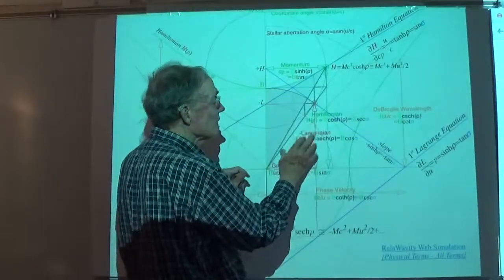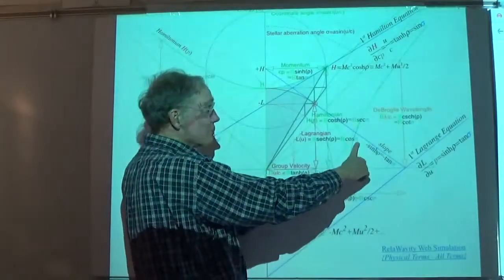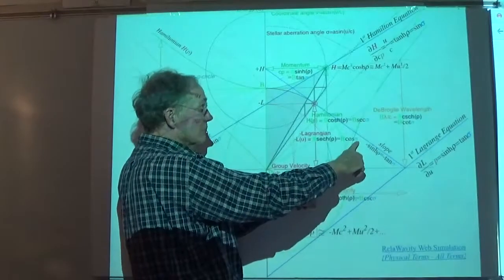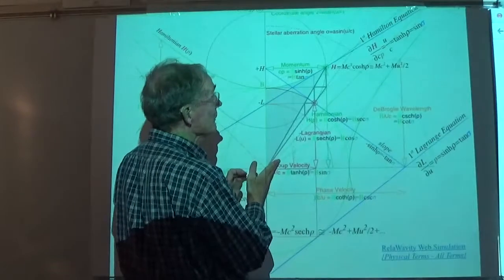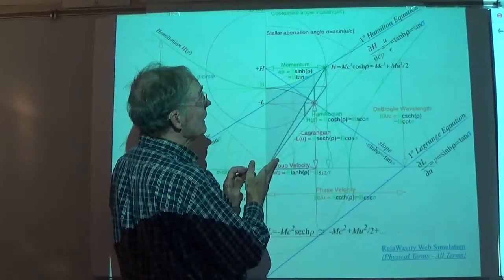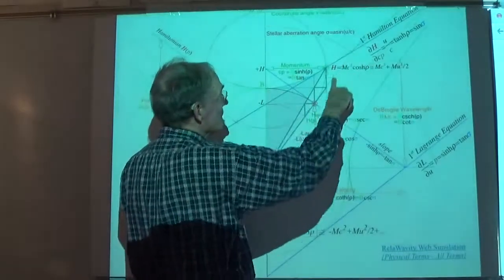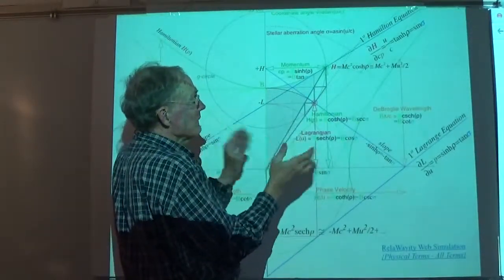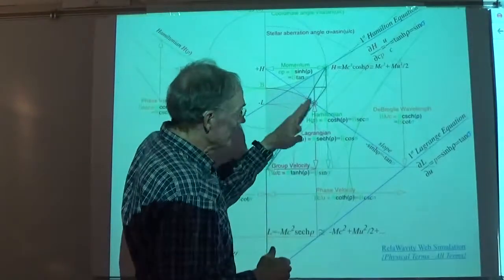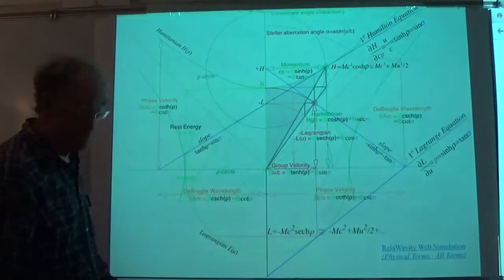You definitely, for the Lagrangian, want to use sigma, because there it is, sine and cosine of sigma. Remember, sigma is the stellar aberration angle. That's this line right here. So you use polar coordinates if you're going to play Lagrangian. And you can play that game all the way to high energies, where the sigma is almost 90 degrees.